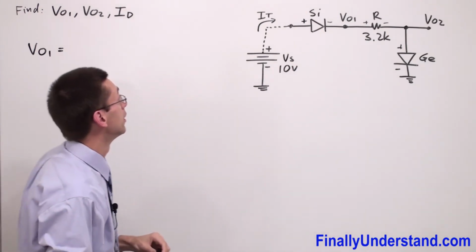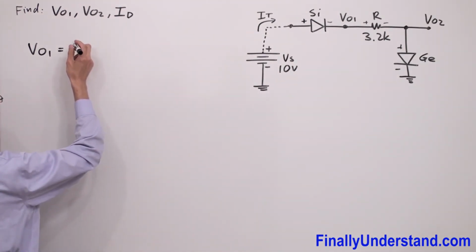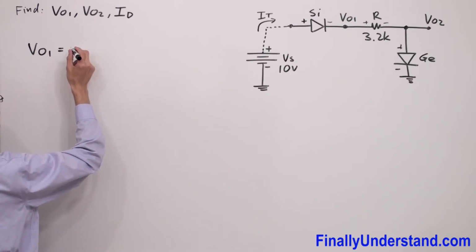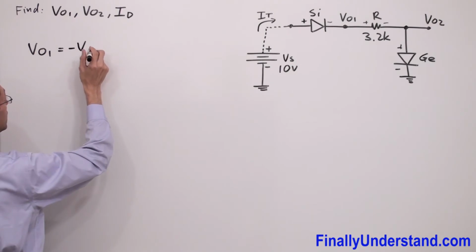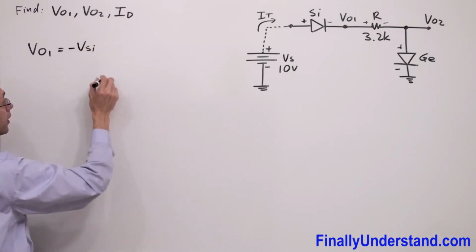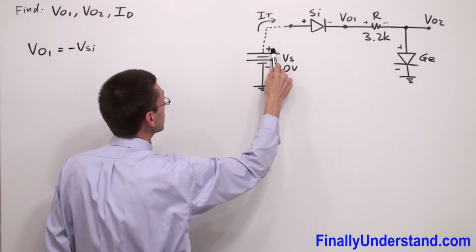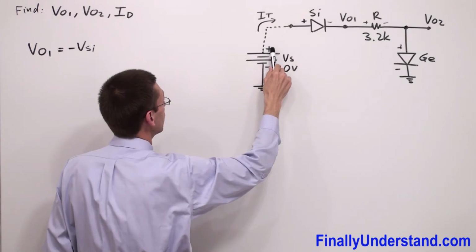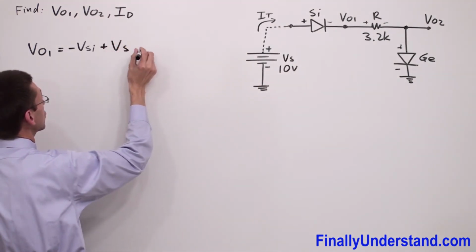This is my VD across the silicon diode, which is equal to 0.7, don't forget that. So I have negative V silicon, and I have plus, because I'm going to the ground, I have positive voltage source.